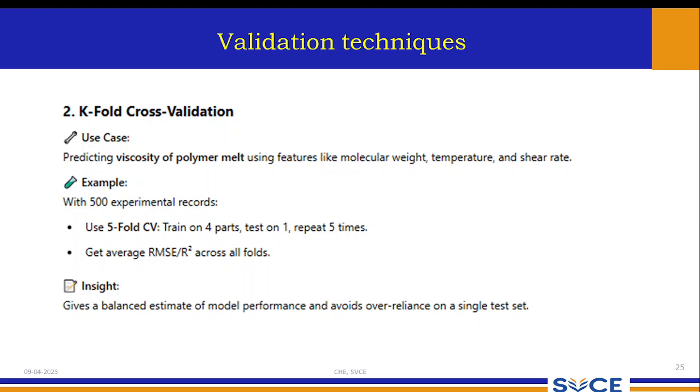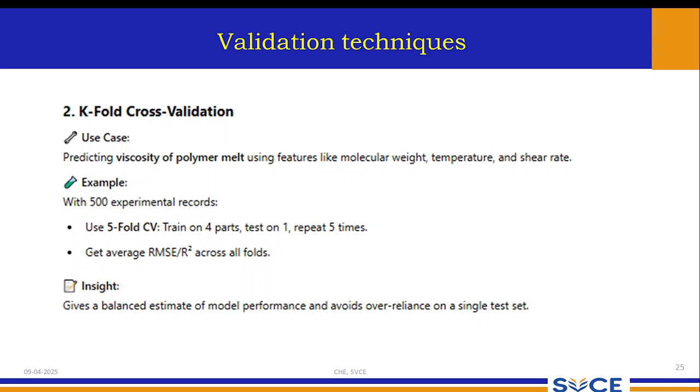How do we divide this? Repeat 5 times, so that each part is taken once for testing; out of the 5 parts, we do it 5 times because there are 5 different testing parts. Hope you understood. When I speak in terms of training data you may get confused, so I'm explaining in terms of the testing data.